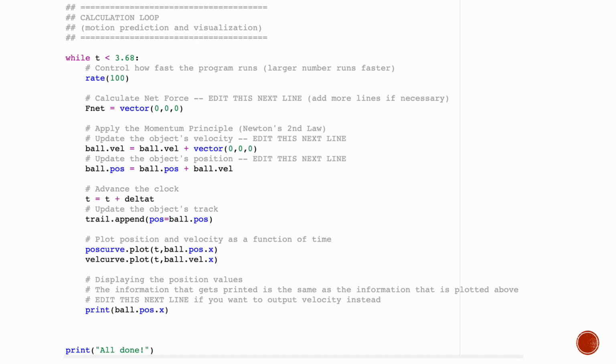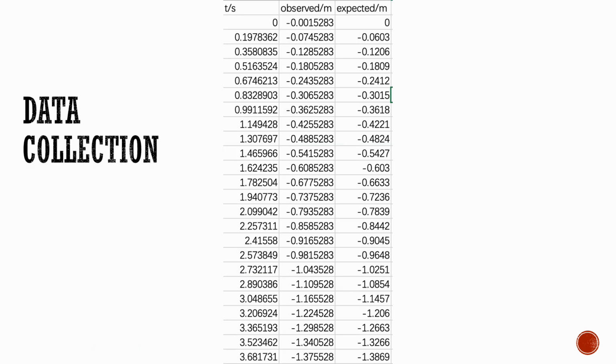I also changed the length of the computational model to be 3.68 seconds, just like my video recorded, and I made fnet equal to 0 in all directions because we are modeling a uniform motion.